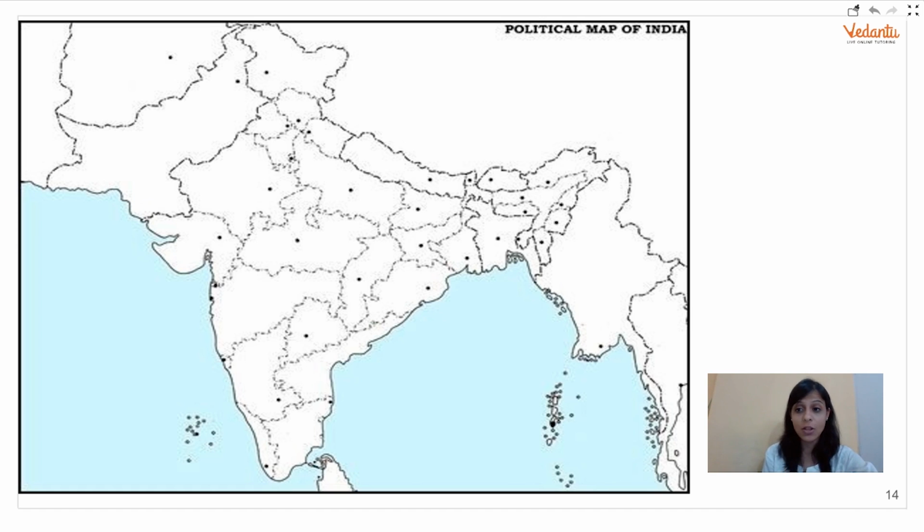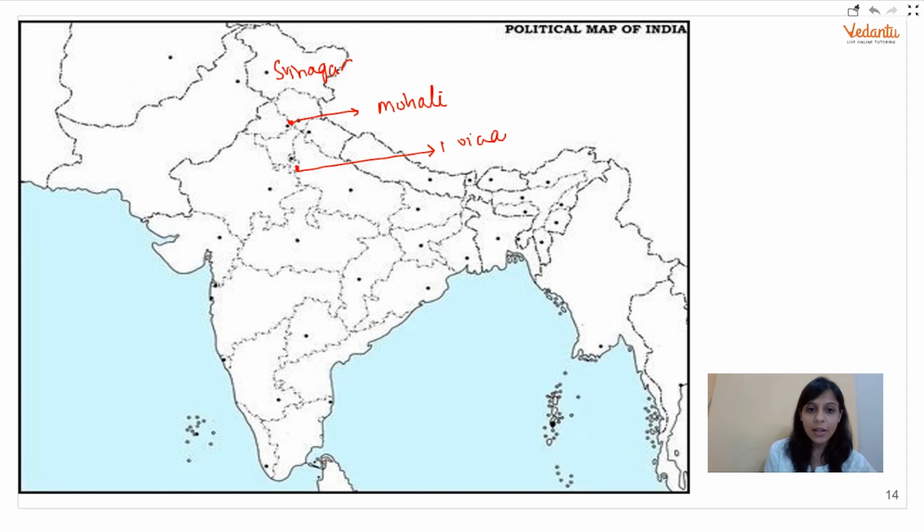Now you have to concentrate. Right here I have Srinagar. Then here I have Mohali. Then very near to Delhi I have Noida. In Rajasthan it's going to be Jaipur.